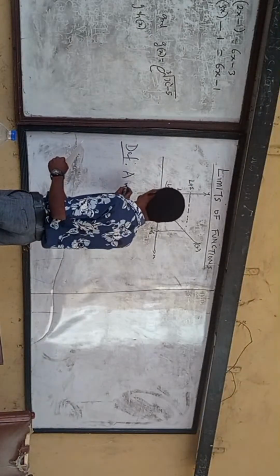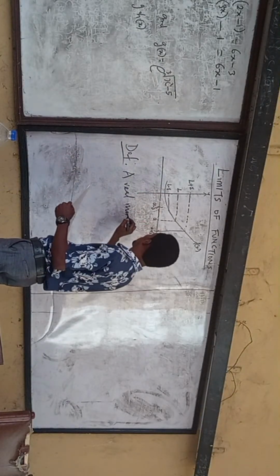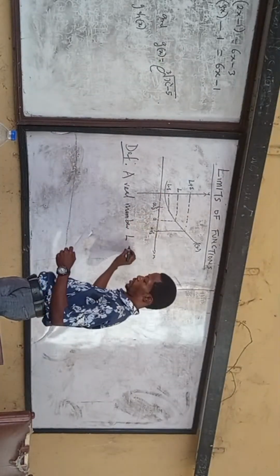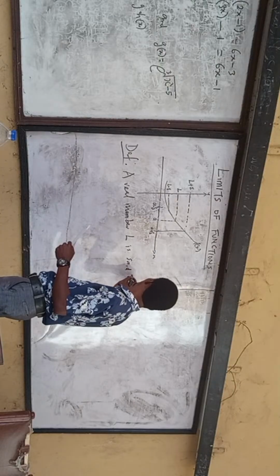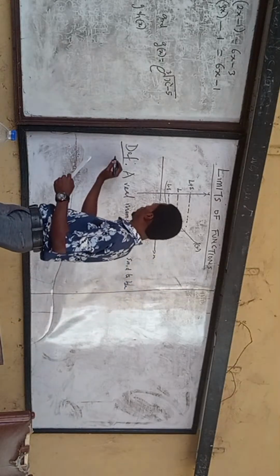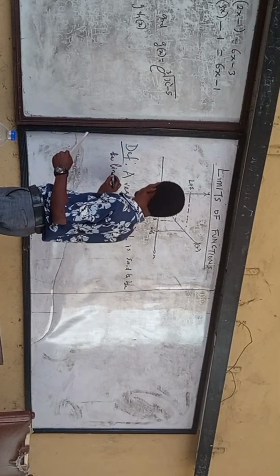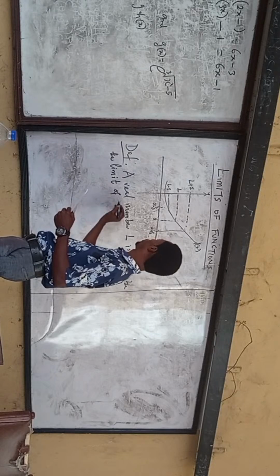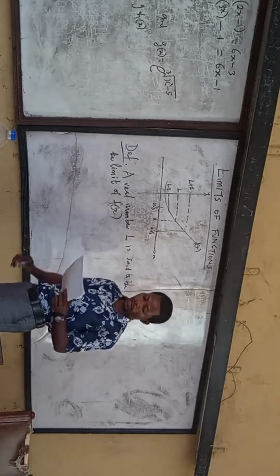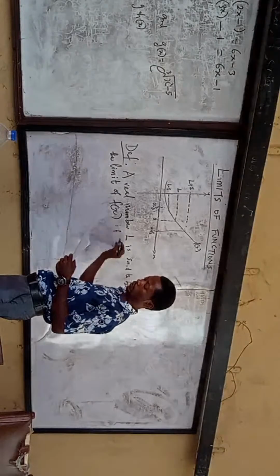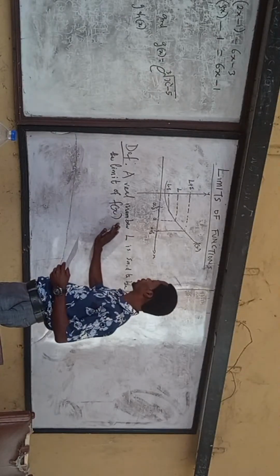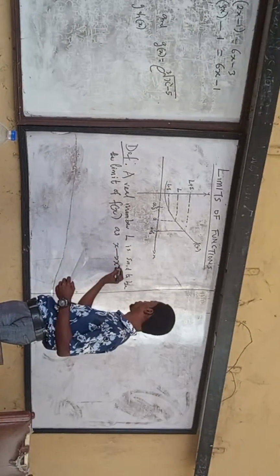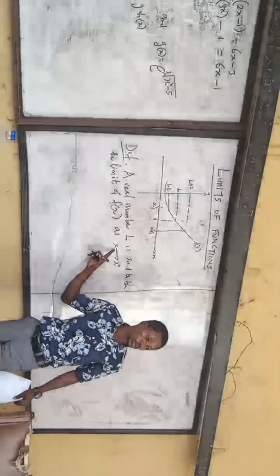A real number L is said to be the limit of a function f of x as x goes to x naught.